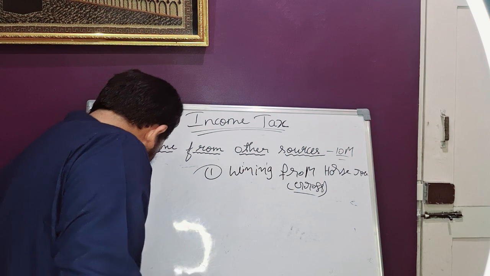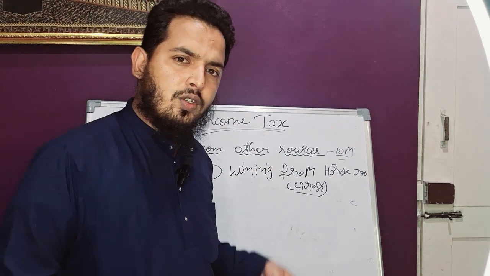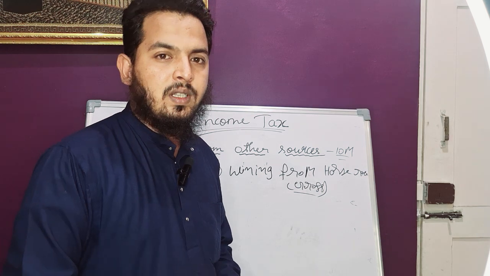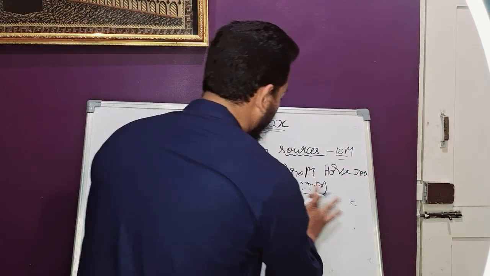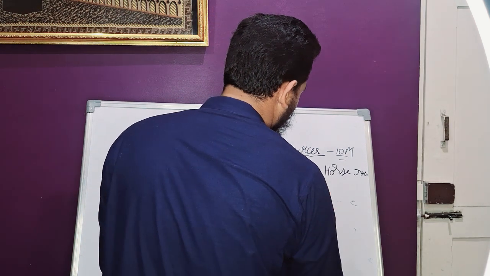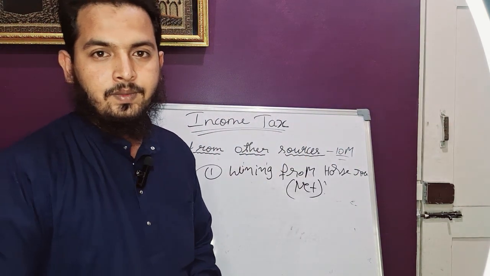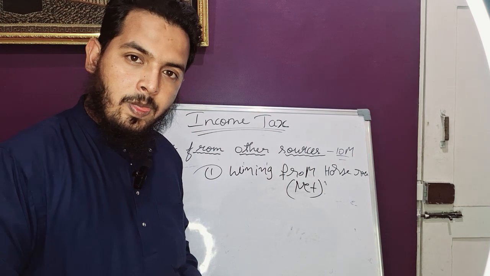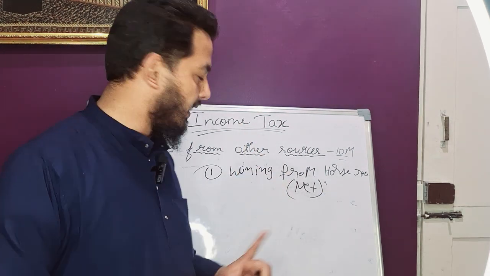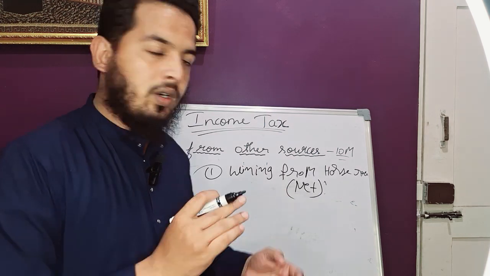Suppose for winning from lottery, horse race, crossword puzzle games, they have not given gross, they have given net. This point is very important. It will be there in the exam. If they have given net, what do I have to do?